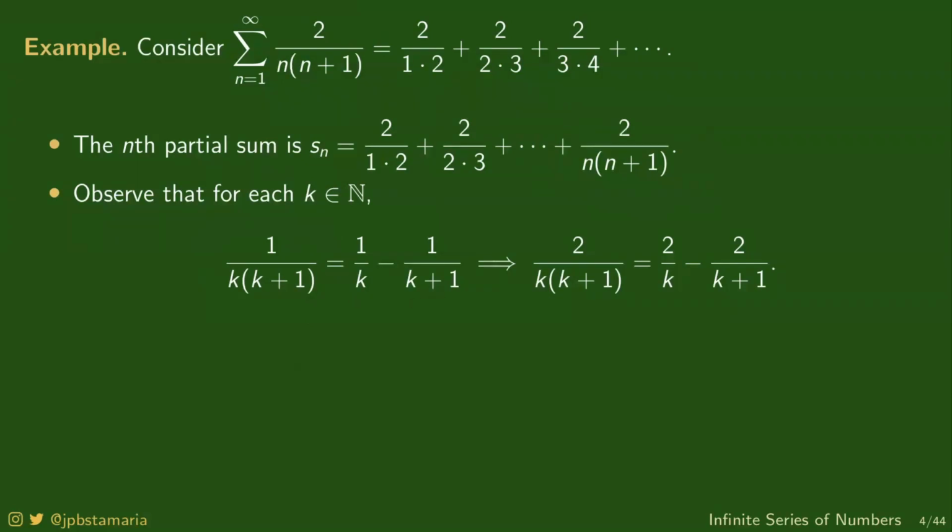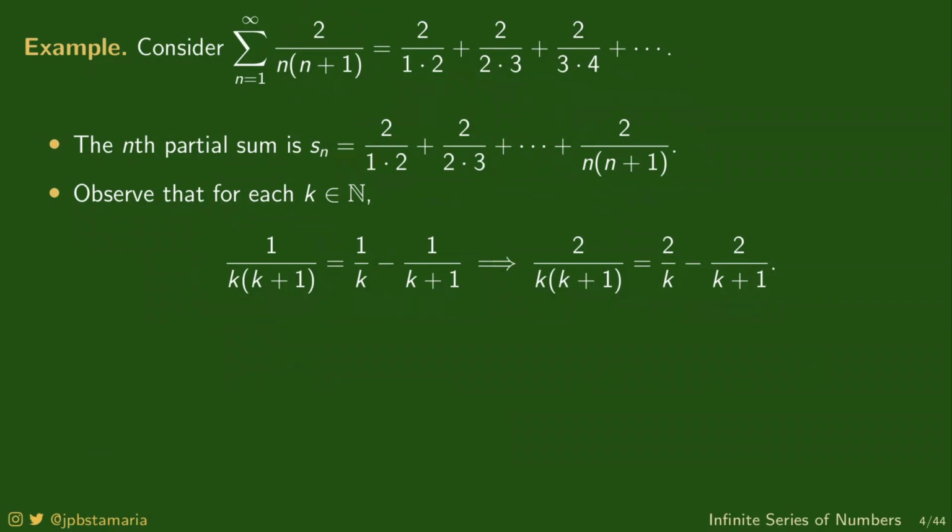That is called partial fraction decomposition. You can verify by simply subtracting. So 2 over k times k plus 1 is actually 2 over k minus 2 over k plus 1. Correct?